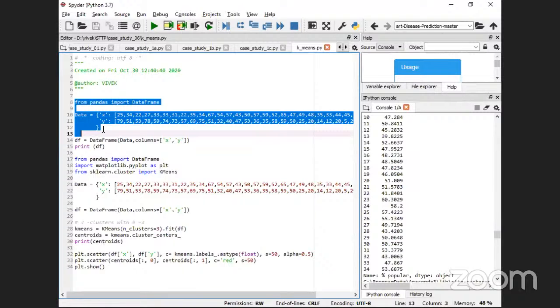And further, you can define the number of clusters which you need to adopt for k-means.